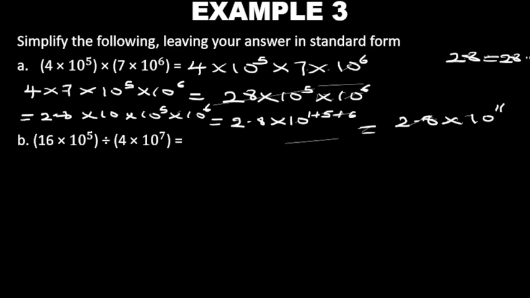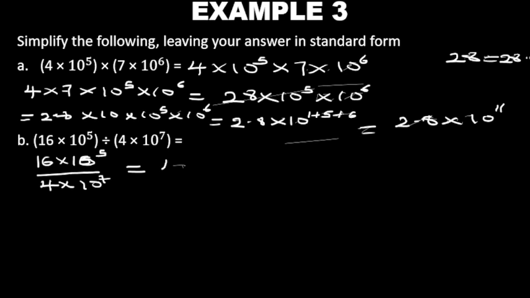So second example, we have 16 times 10 raised to the power of 5 divided by 4 times 10 raised to the power of 7. I can rewrite this as 16 times 10 raised to the power of 5 all over 4 times 10 raised to the power of 7, which is the same thing as 16 divided by 4.